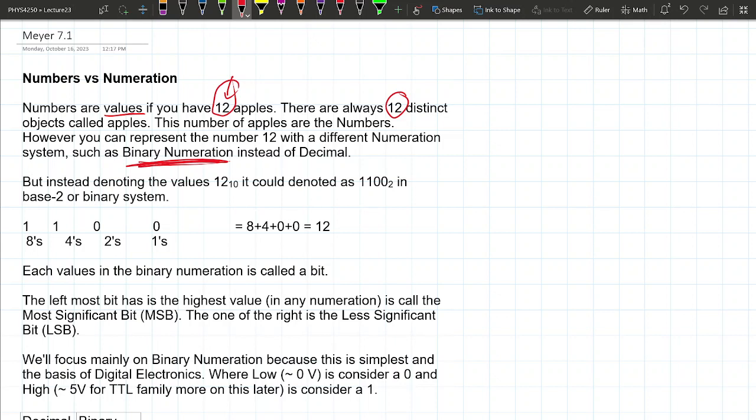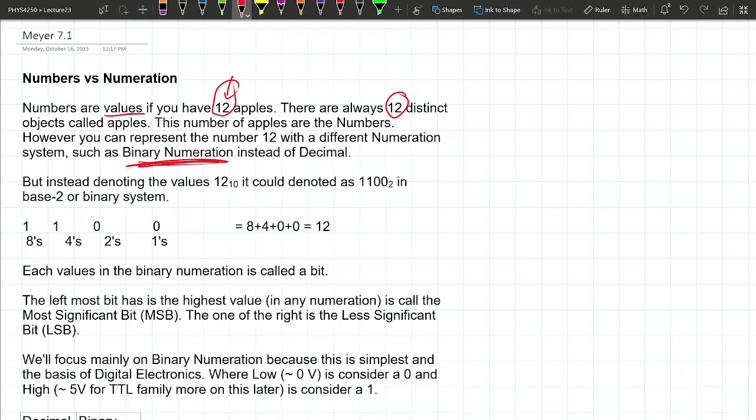And in binary, you only have 1 and 0. So by the time you count to 2, you have to move to the next digit already, which is kind of weird to say, the word digit. Digit usually means 10 also. But what I should probably say is the place.